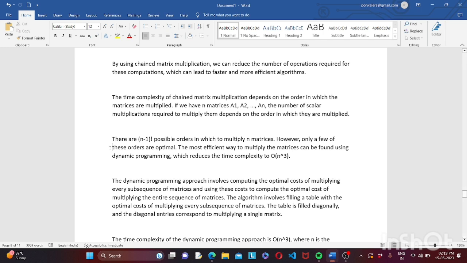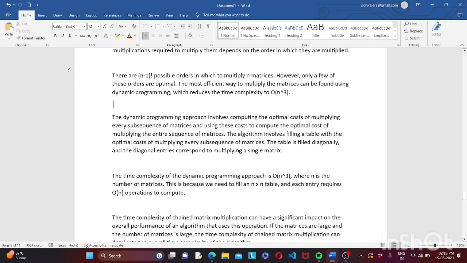However, only a few of these are optimal, and the most efficient way to multiply the matrices can be found using dynamic programming. Matrix chain multiplication is performed using dynamic programming, which reduces the time complexity to O of n to the power 3.